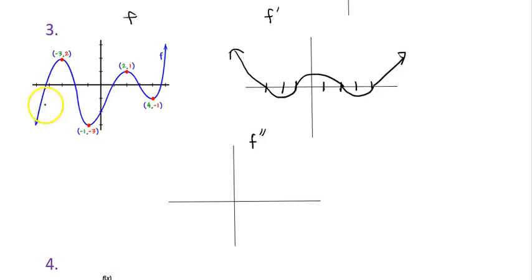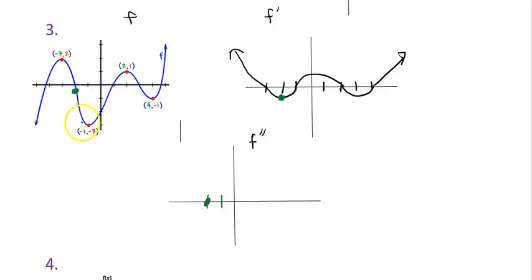If you're looking at the original graph, it looks concave down until about right here, which I'm going to say is negative 2, even though it's not exactly, but we'll say it's negative 2. That means that you have a minimum at negative 2 on the derivative graph, and you have a 0 at negative 2 on the second derivative graph.